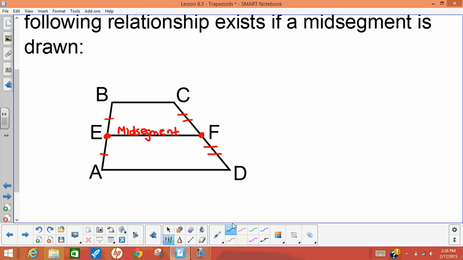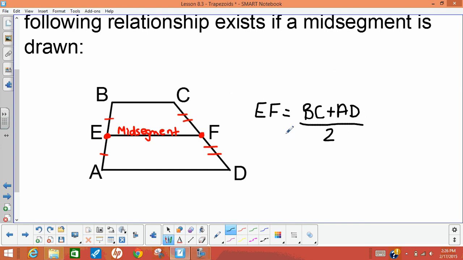The relationship that exists is that the midsegment length, so the length of EF, is equal to the length of the two bases added together divided by 2. So the average of the two base lengths. So I just add BC plus AD, and I divide by 2, and that is the relationship.